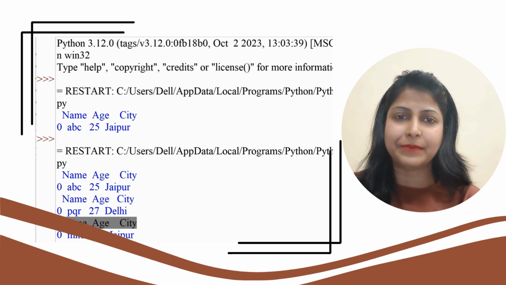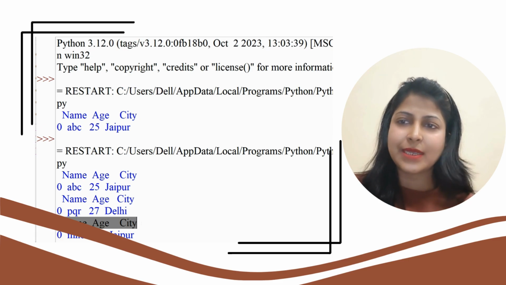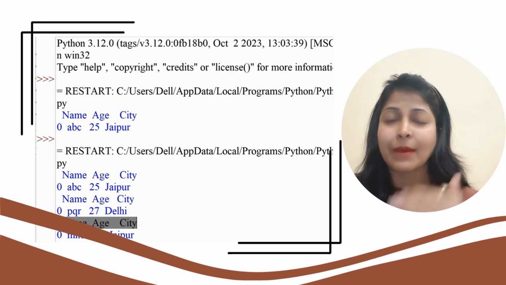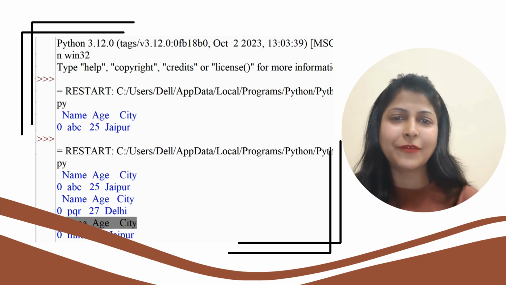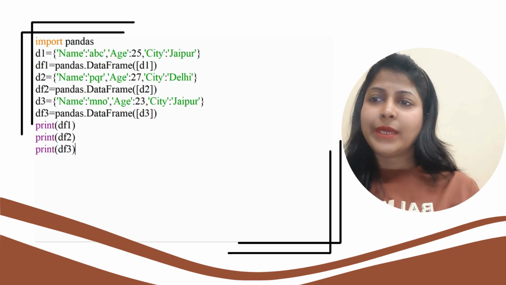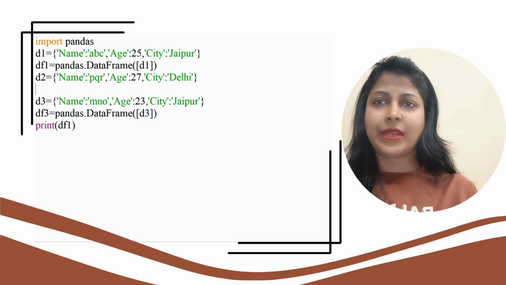Now please observe over here that name, age and city are separate headings in each data frame. But if I convert it into one list of dictionaries, what will happen? The separate headings will be merged together and will appear on the top of my data frame. So that is the beauty of a list of dictionaries. So how to do it? We are going to convert it into one single data frame.